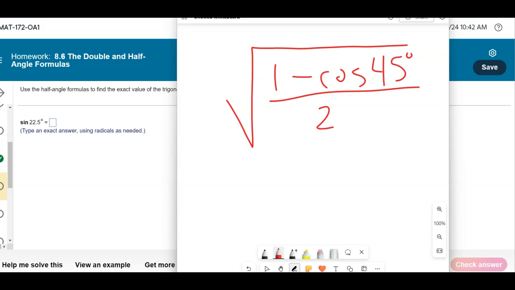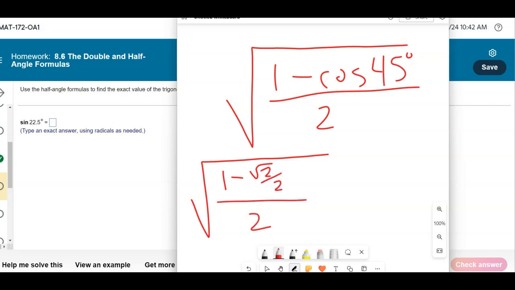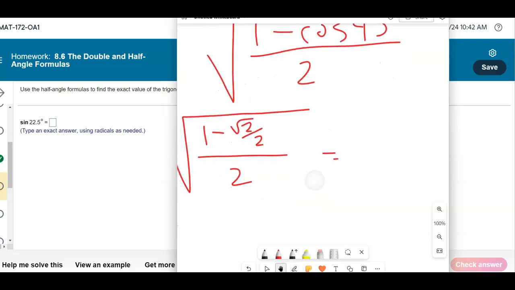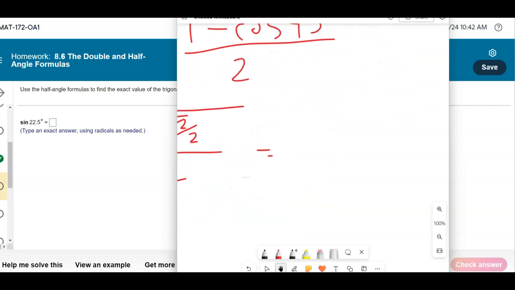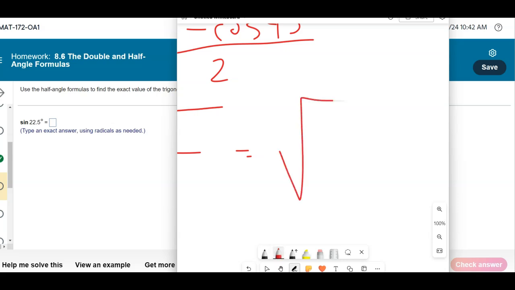All right, the cosine of 45 degrees is the square root of 2 over 2. And then divide that by 2. Getting a common denominator, 1 minus the square root of 2 over 2, that's going to be 2 halves minus the square root of 2 over 2.